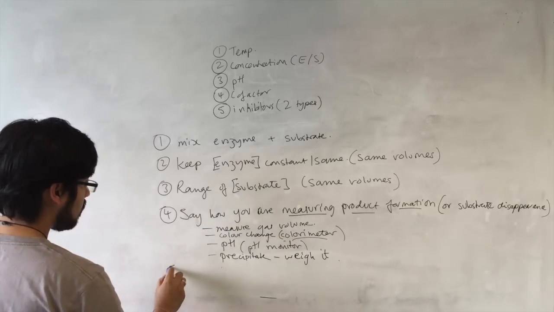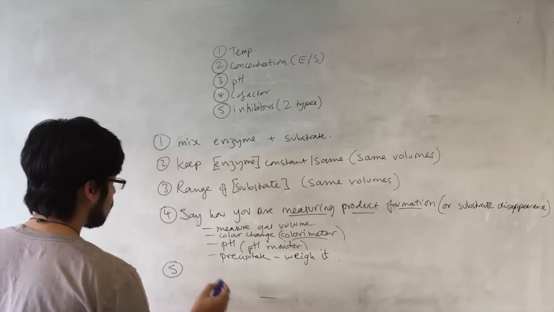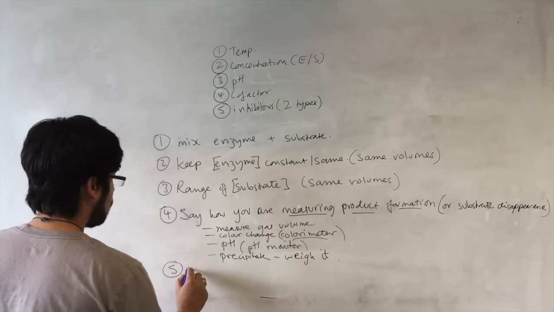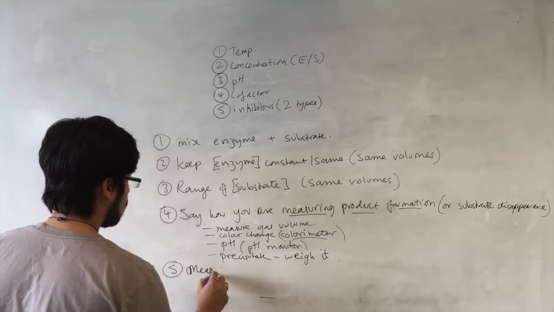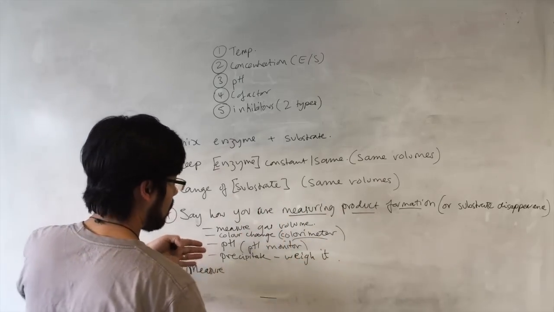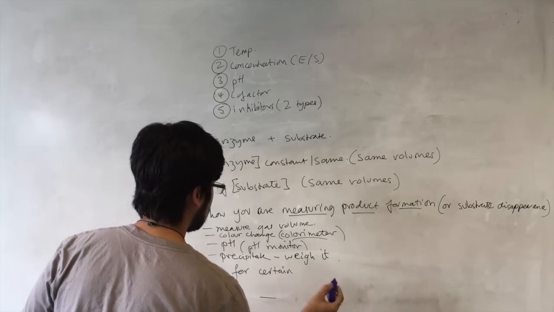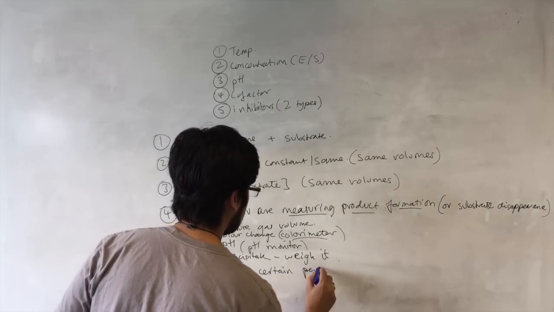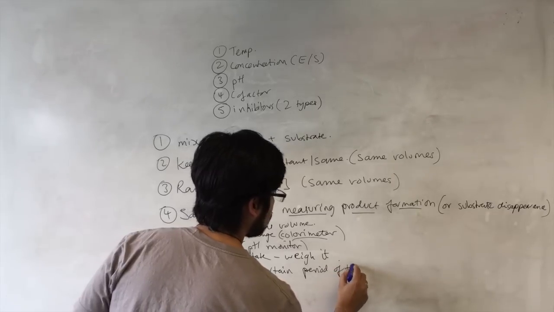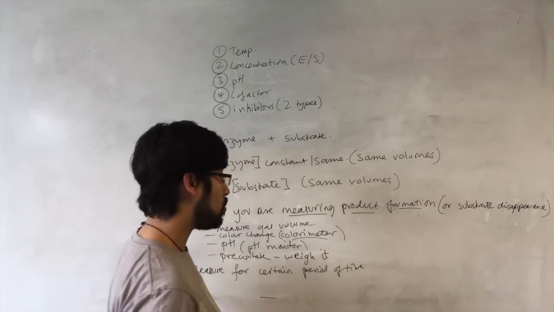Okay, and then the next thing is we've got to measure it over a certain amount of time. So we're going to measure whatever change is happening for a fixed period of time. Usually 1 minute will be enough, but it might depend on the question that you're being asked.